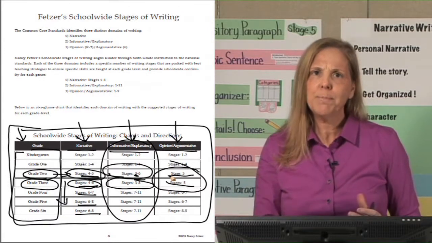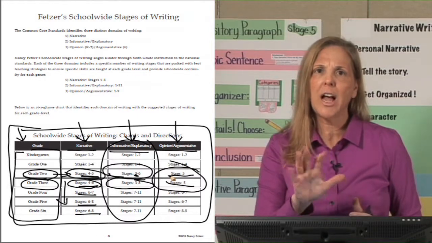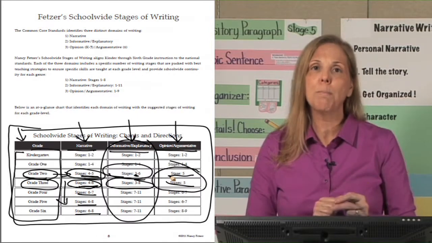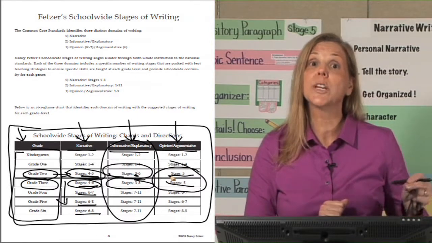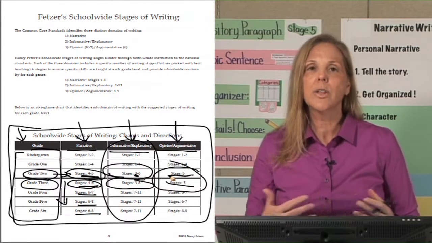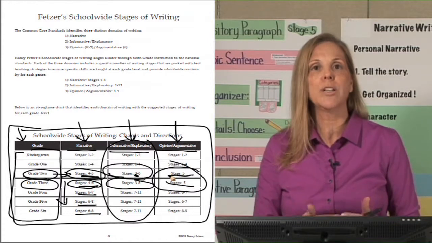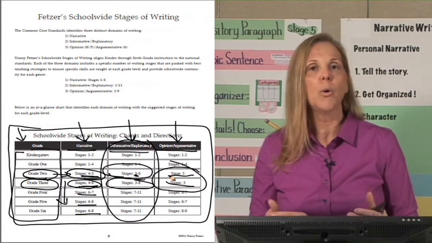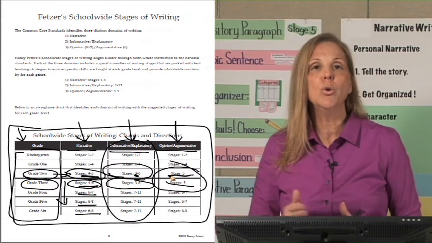But I've kept both your grade levels at a stage 5 because some second graders may be able to move on to expand on their sentences and their reasons and their opinion. So that's why stage 5 is both at second and third grade. It will reach both of your standards and move you beyond.